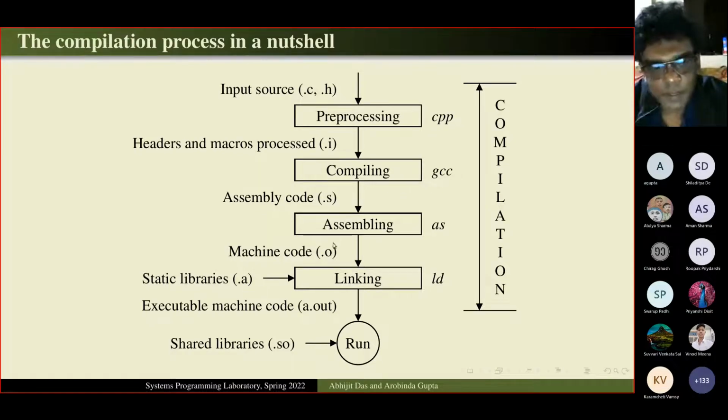The final process is that you include functions from the so-called static libraries, which usually have the extension .a. And this linking is a complicated process, and it is done by something called LD. And this eventually generates your a.out. And during runtime, some functions which are not yet linked to your code will be read from shared libraries, which usually have extensions like .so, shared object.